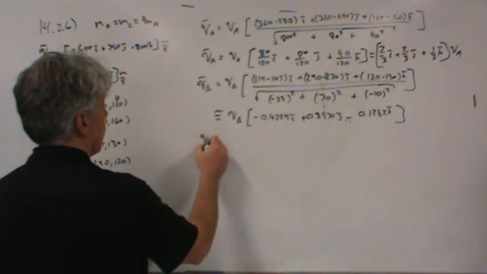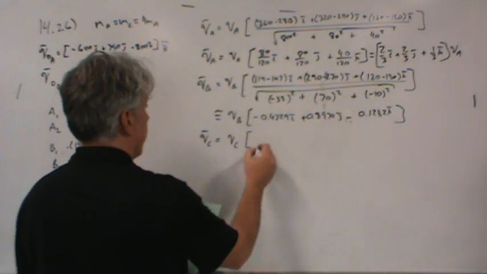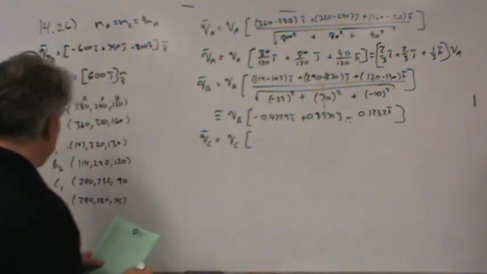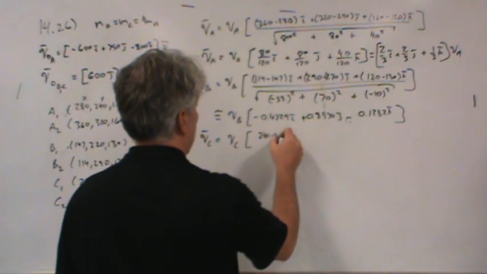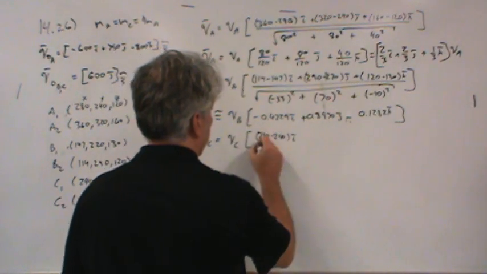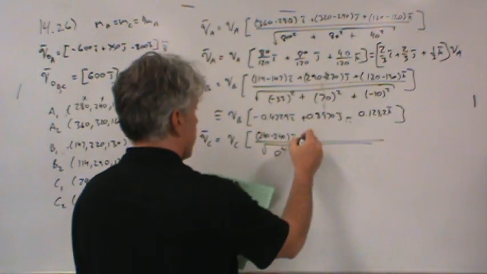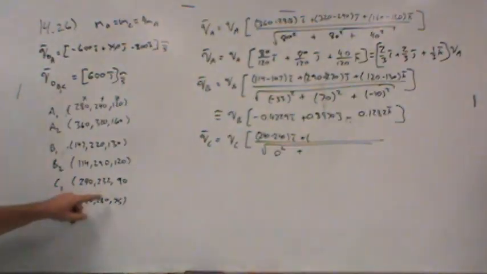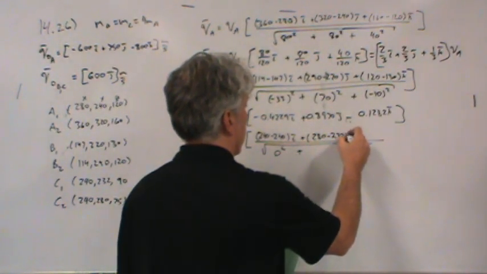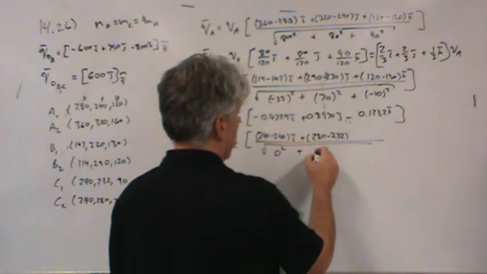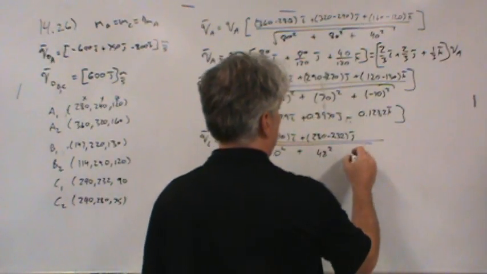Same thing with C. That's whatever the magnitude is of C. Just want the direction then for C. 240 minus 240. Not surprising, it will be a 0. Let's fill in our denominator while we're at it. 0 squared plus what? Well, 280 minus 232. That with 30 difference would be 50, so it must be 48. And that's in the j direction, let's not forget.